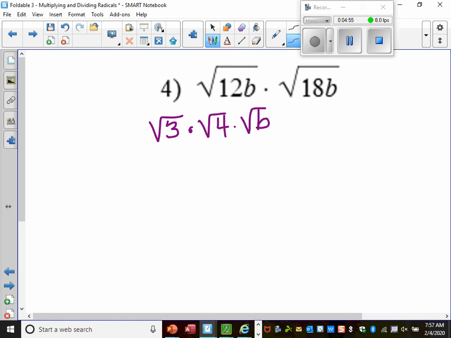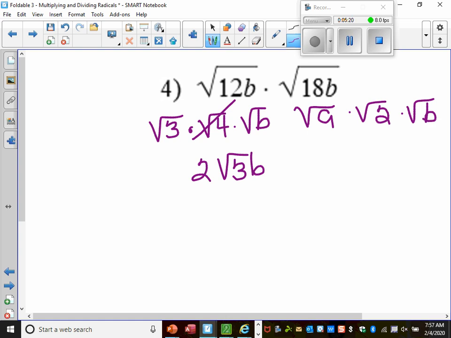Yes, but I want to show you an alternate way of working these when both of them have factors in it. So then I'm going to go ahead and finish this. So this will give me 2 rad 3b. All right. Now I'm going to break down the 18b to 9 and 2.